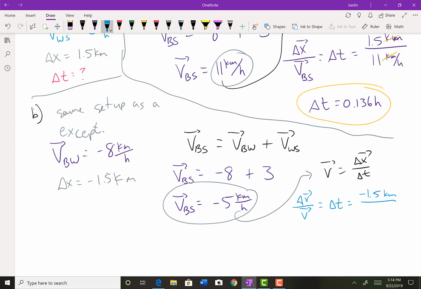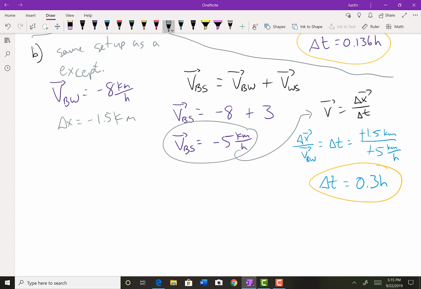My velocity is -5 kilometers per hour. The negatives cancel out, the kilometers cancel out, and I get my new time, which, think about that intuitively, it should be longer, right? So I get 1.5 divided by 5, 0.3 hours, and of course that is longer than 0.136 hours. So there you go, there's part B.